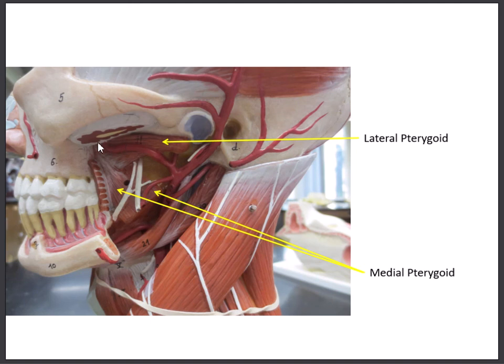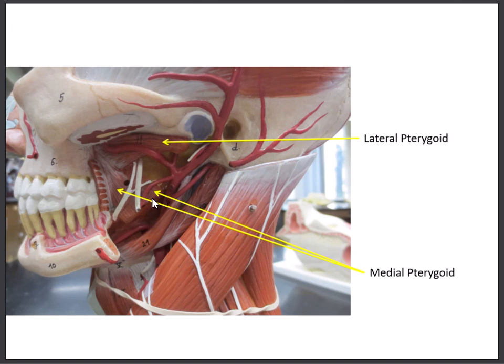The top one goes from the sphenoid bone to over where the TMJ, the temporomandibular joint, is. This is the lateral pterygoid. The medial pterygoid also goes from the sphenoid bone to the inside of the ramus of the mandible, which has been removed. So we see part of it here. This whole big piece of muscle right here, underneath these nerves and blood vessels, all of this is the medial pterygoid.